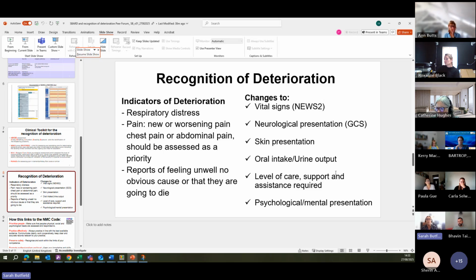Is someone needing more care and support than is normal for them, whether they're asking for it or whether you're having to recognize to give it? And has their psychological and mental presentation changed? So we're looking at confusion, expressive behaviors, people becoming deliberately socially isolated without any obvious cause, increased anxiety.